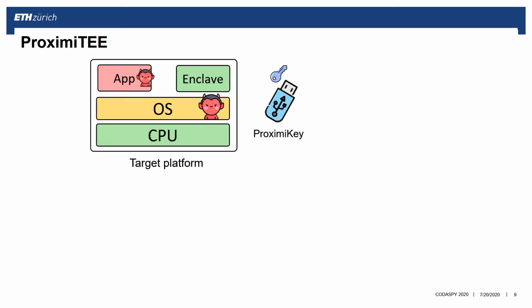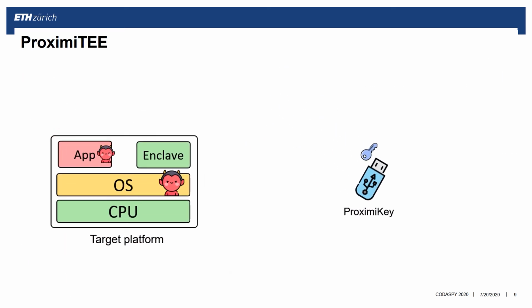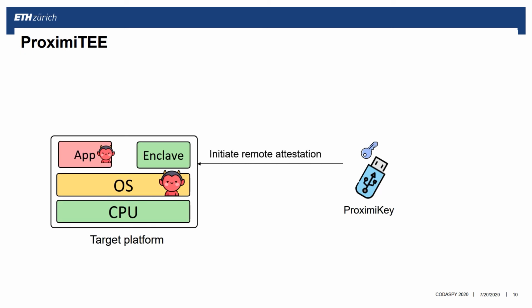Now if you look a little bit more closely, we can see the communication between the ProximiTEE and the target platform. On behalf of the user, the ProximiTEE issues the remote attestation challenge, and it gets back the attestation report and the public key of the platform. Using the public key of the platform, it creates the secure channel, and over the secure channel it issues a challenge.